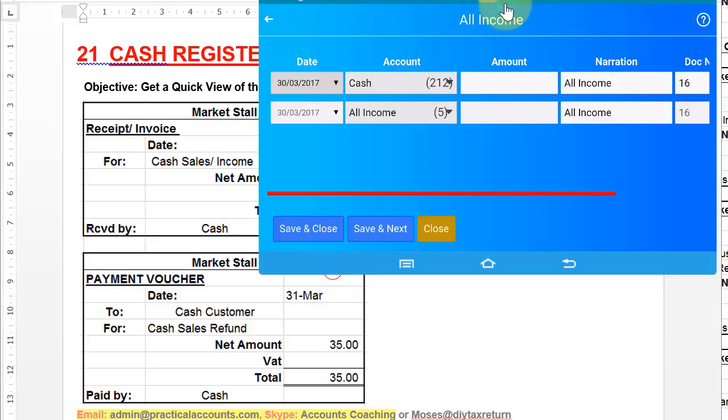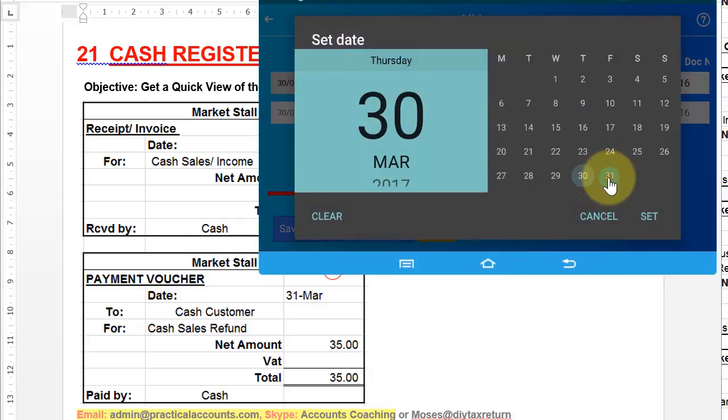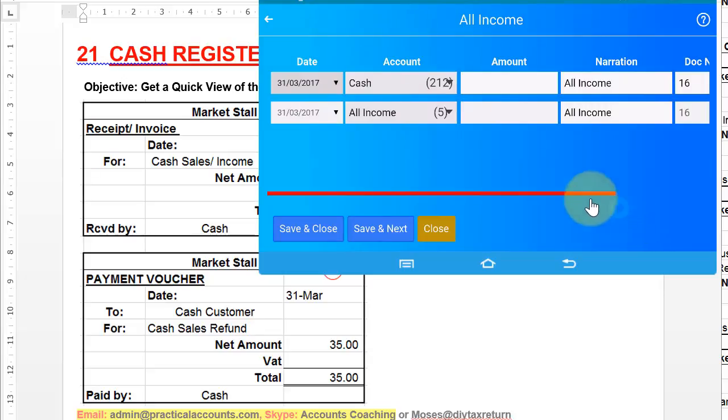What was a positive becomes a negative, and what was a negative becomes a positive. The date is still the 31st of March. Click that and set. So we're done with the date.